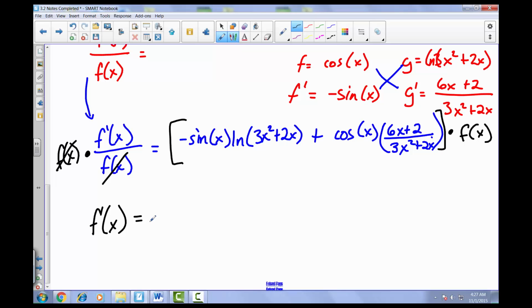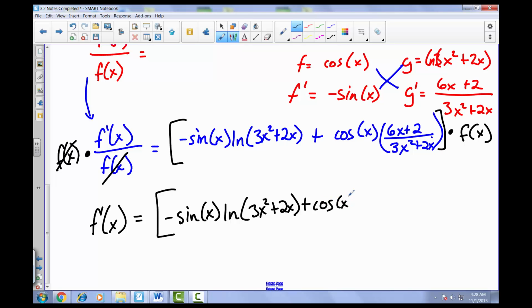And on the right side, you could distribute, or you could just leave it as negative sine of x times the natural log of 3x squared plus 2x plus the cosine of x times 6x plus 2 all over 3x squared plus 2x times, again, that original function.